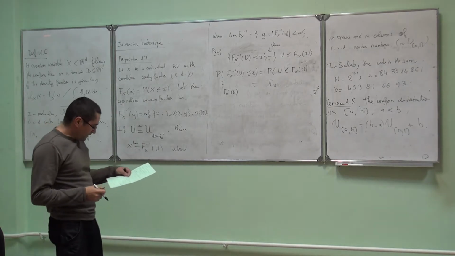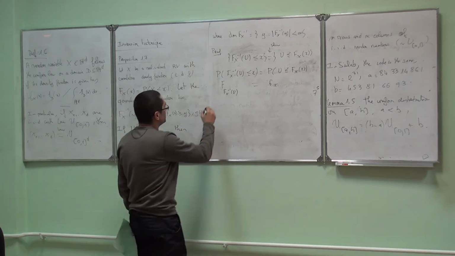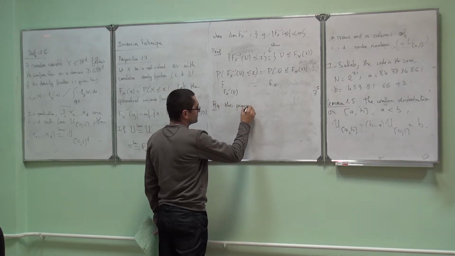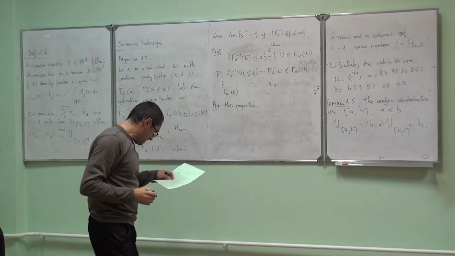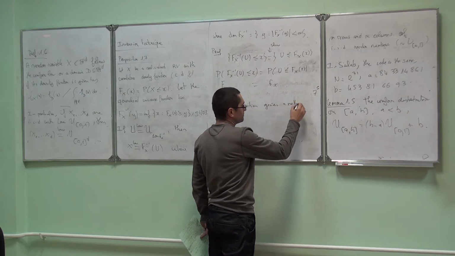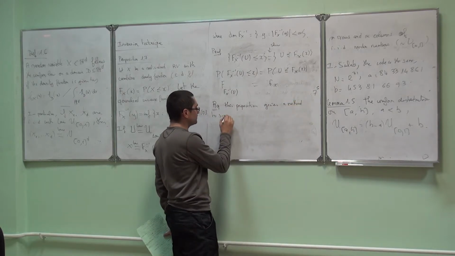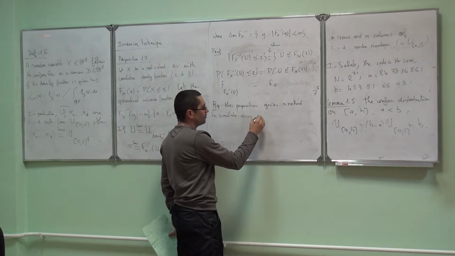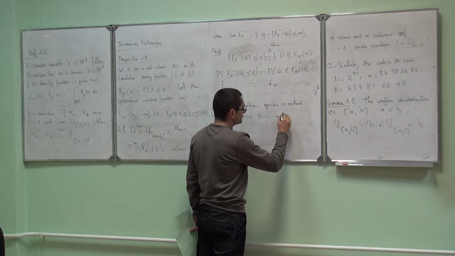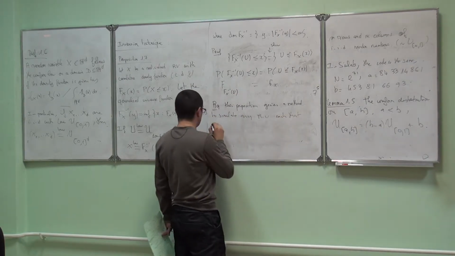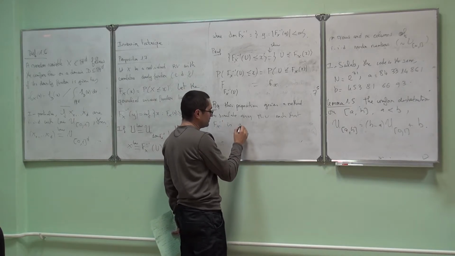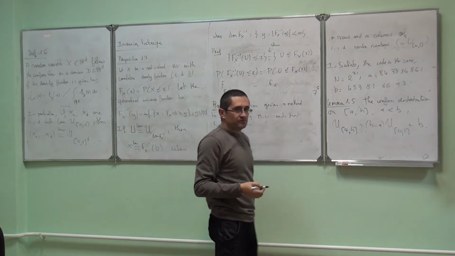So this proposition is very important because this proposition gives a method to simulate any random variable such that Fx^-1 is explicitly given.